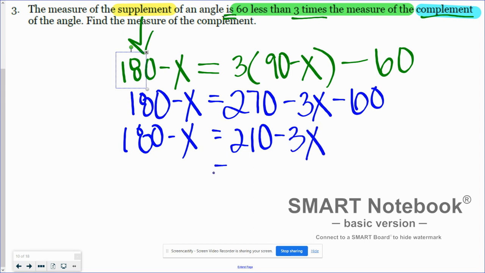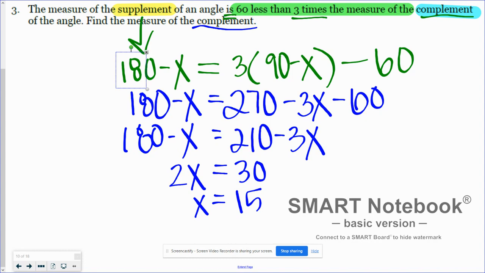We should get the x's onto one side of this equation, get the constants onto the other side, and then we can solve. X is equal to 15. And then make sure that you actually answer the problem. This says find the measure of the complement. Remember that the complement is 90 minus x. So that means the complement is 90 minus 15, which makes it 75 degrees.